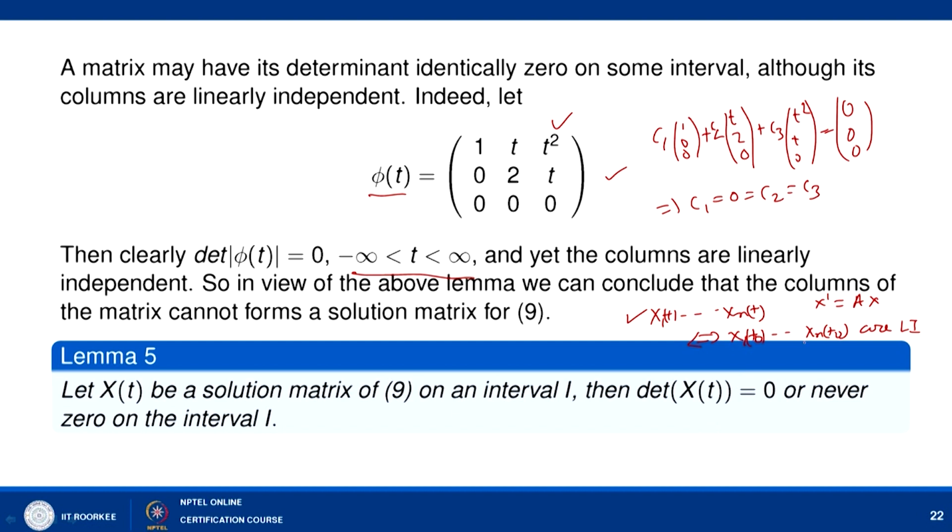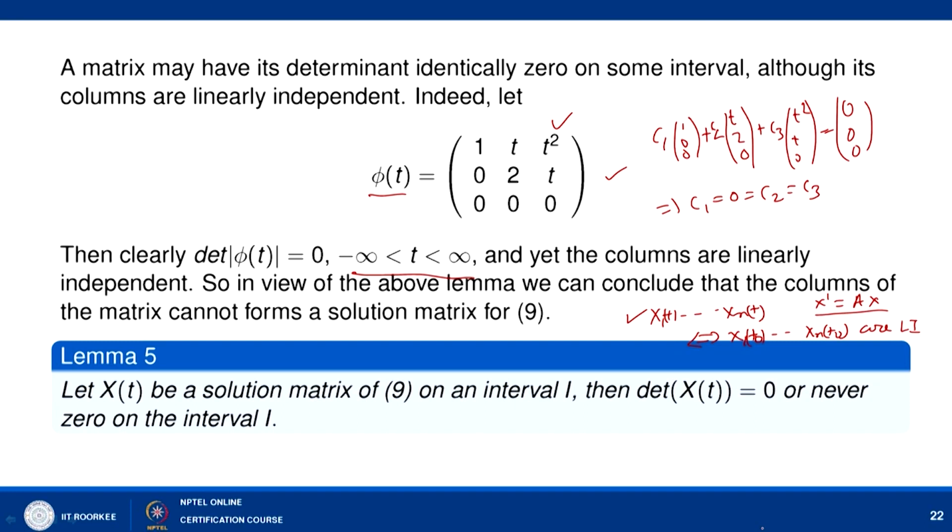So, if these vectors are linearly independent, then these vectors are also linearly independent, and here we have proved this result with the help of the existence and uniqueness theorem. So, it means that if it is 0 at one point, it has to be 0 for all points, right.